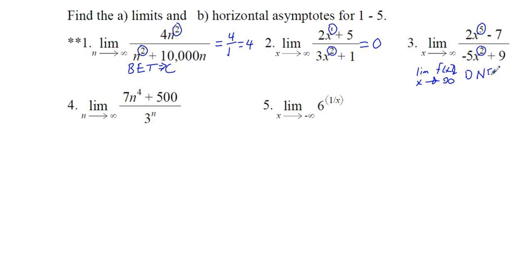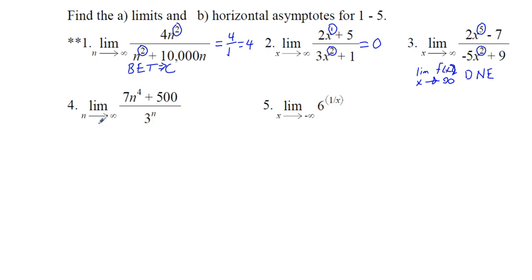Now, I'd like to encourage you to resist the temptation to not put equals does not exist, because an equal sign is a verb, just like the word does is a verb.